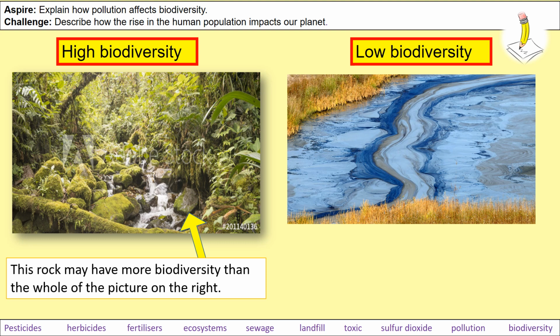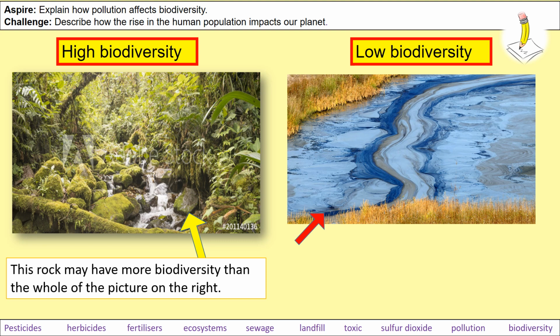The rock that I'm pointing to may have more biodiversity than the whole of the picture on the right. This picture shows a highly polluted area of water, and it's very unlikely that there'll be many species able to survive there. So in short, pollution lowers biodiversity by killing plants and animals. So for the human species to survive, it's important to have a good level of biodiversity.